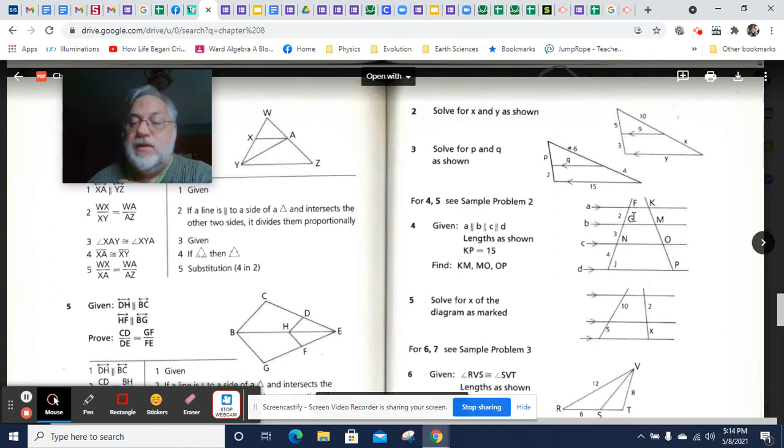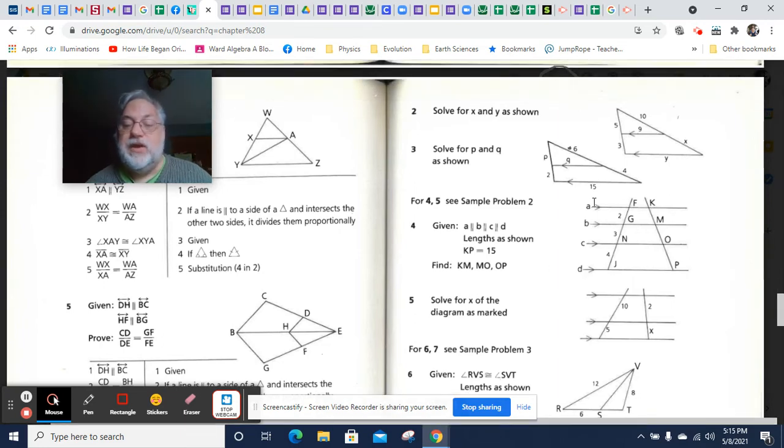Well, to do that, you're going to need to know what FJ is because we know KP is 15. So you're going to be doing 2 is to FJ as KM is to 15. And then you'll do 3 is to FJ as MO is to 15 and so forth.